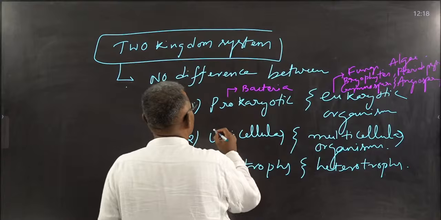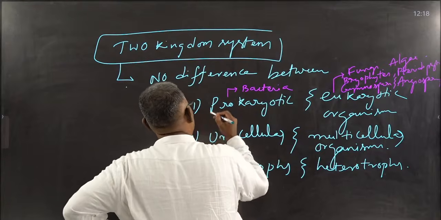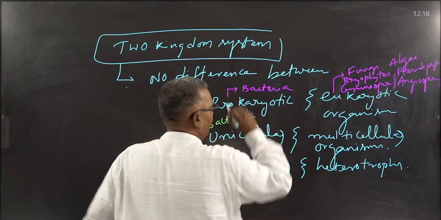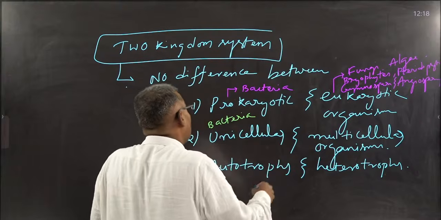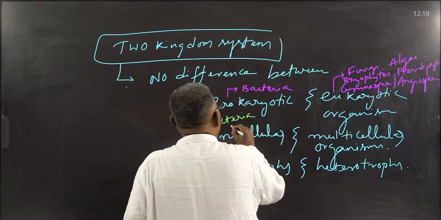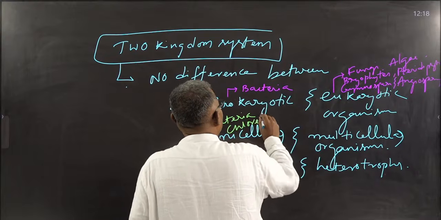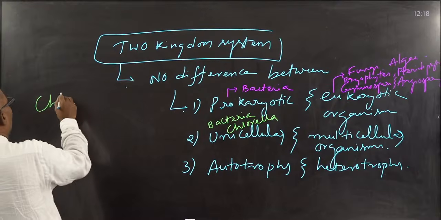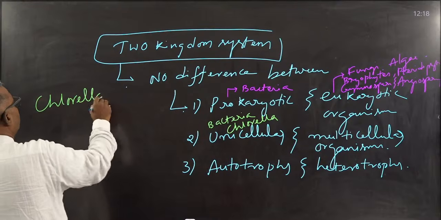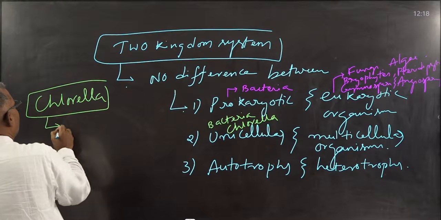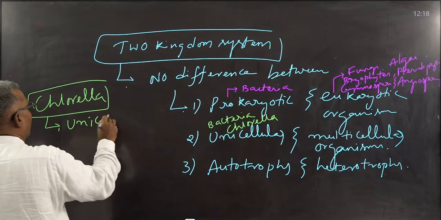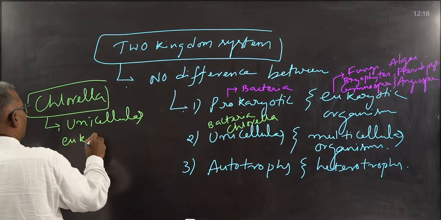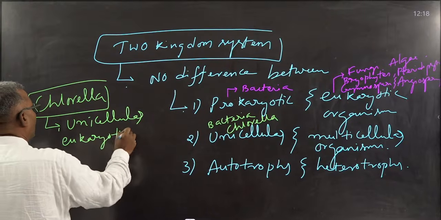Like, let us take unicellular bacteria. Apart from that, unicellular eukaryotic algae like chlorella. Very important. You know what this chlorella is? Chlorella is a unicellular eukaryotic algal member.